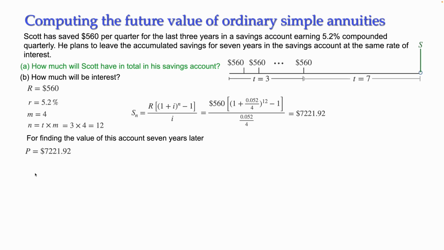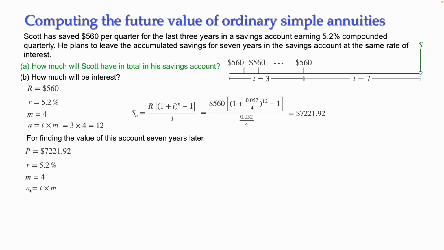So it means that the rate equals 5.2% and there is no payment, but here the important thing is the number of conversion periods per year. The number of conversion periods per year is 4. So the number of conversion periods is what we use in a compound interest problem.